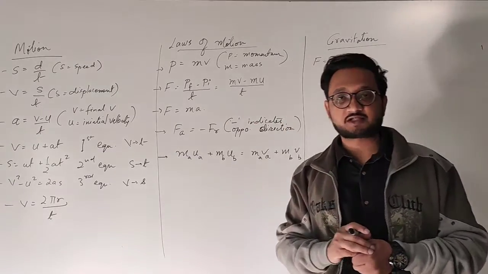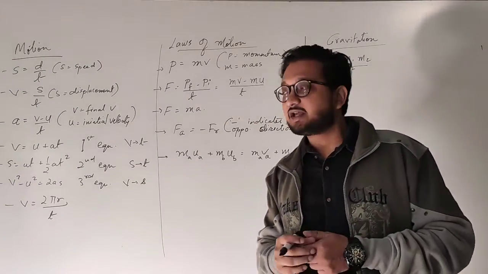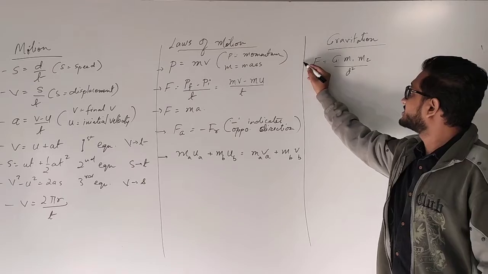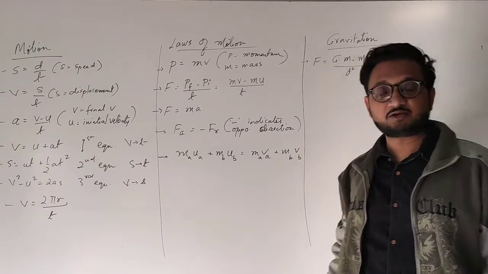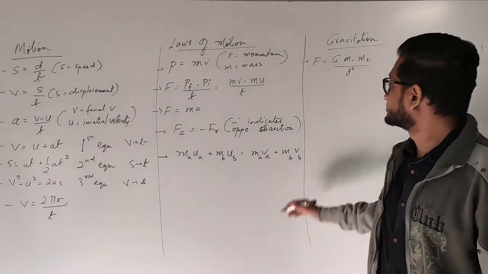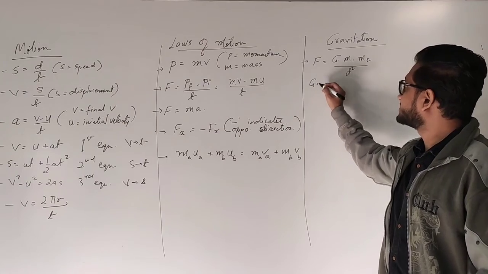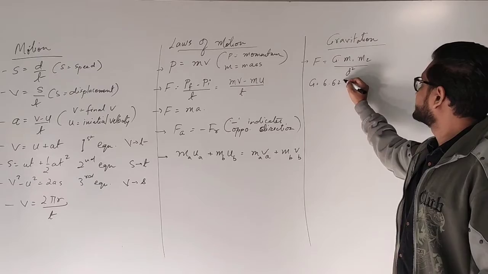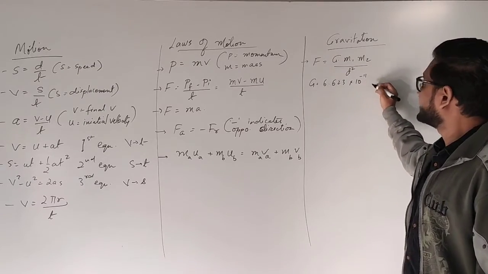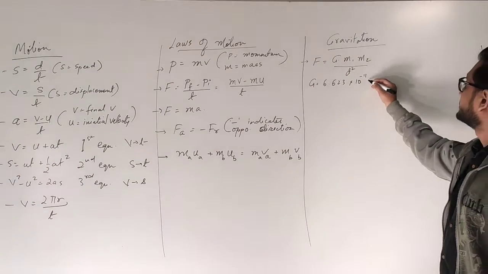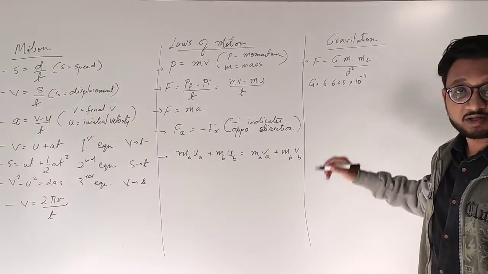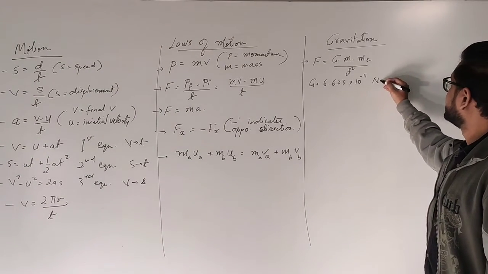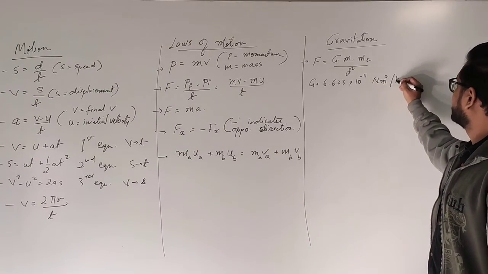This gave us the gravitational force between the two objects, where G is the gravitational constant. Okay, its value is constant throughout the universe. It is also known as the universal gravitational constant. Its value is given by 6.623 into 10 raised to minus 11 Newton meter square per kg square.